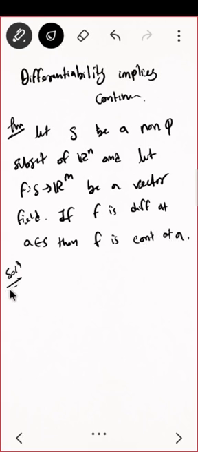So let us first write the definition of F is differentiable. Can somebody tell me, F is differentiable at E, what is the definition of that?